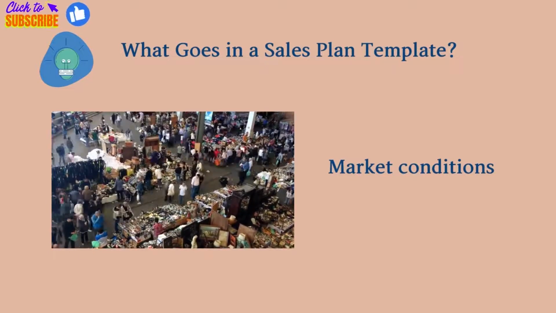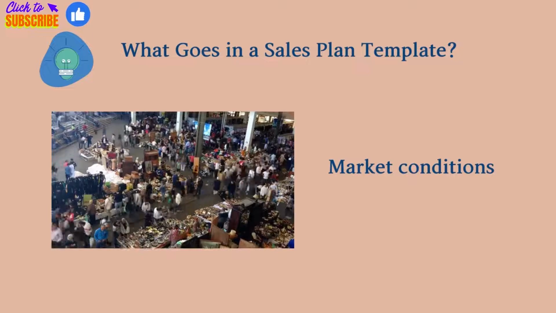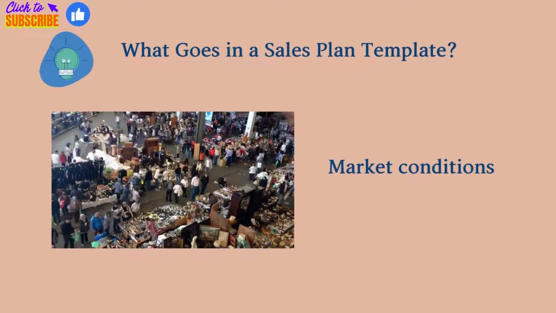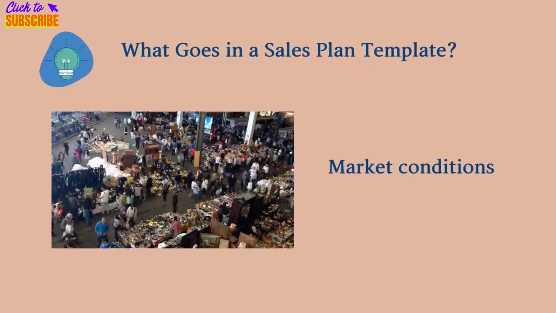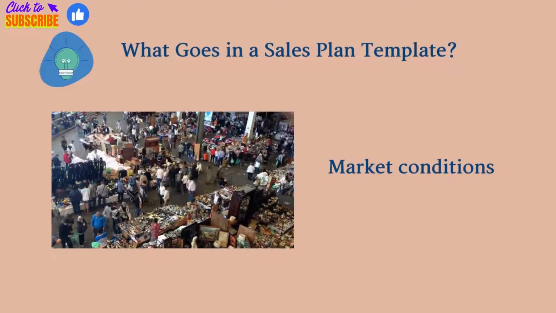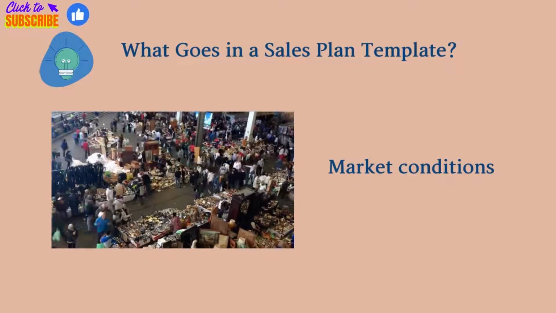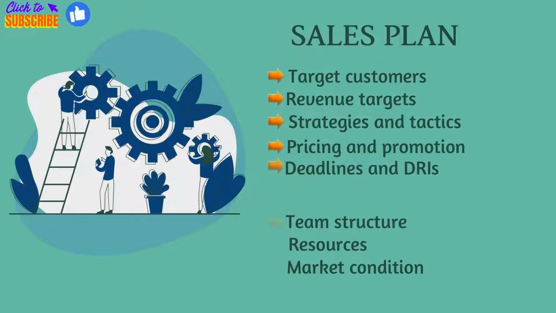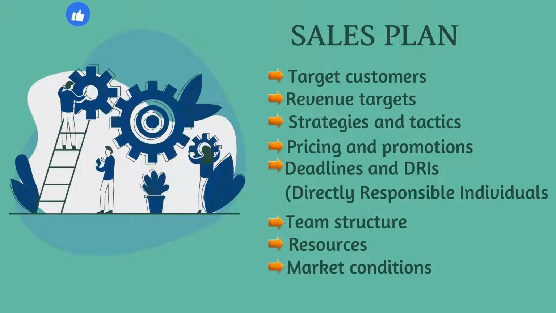So you have to mention also, for example, in region 7, how many competitors do you have, or for example within our city, you have to mention you have 5 competitors. And then next, to sum it up, this is the overview of your sales plan or the outline.